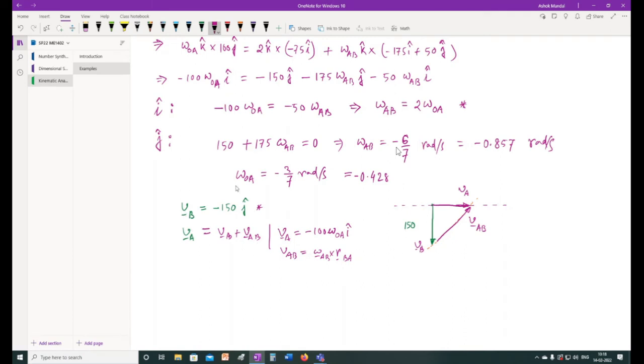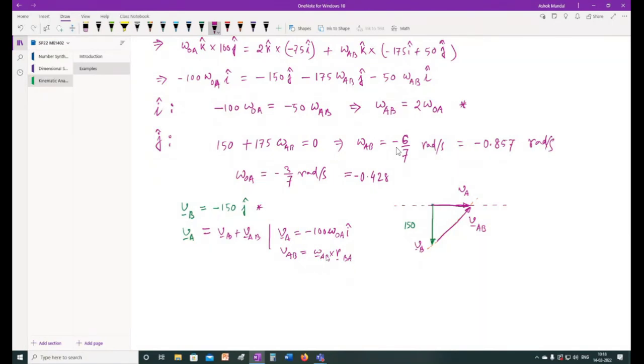So VB is known to us. We have drawn this. Now VA is this. How to find out VA? If you know VB, then plus VAB. Already VB is known to us. Now what is VAB? VAB is omega AB multiplied with RBA.